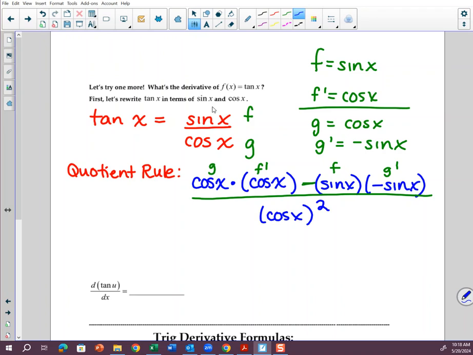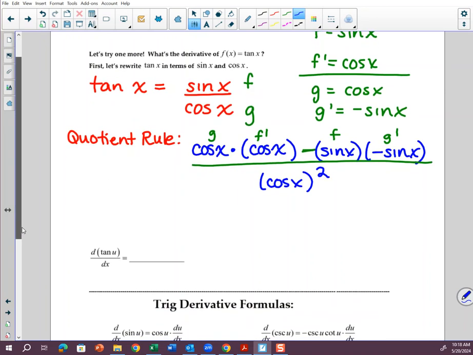Now this is a fun combination. I love this because it uses a couple different identities. First of all, cosine times a cosine is a cosine squared. And I'm going to decide to write it like that. A sine times a negative sine is a negative sine squared, but behind a subtraction it's going to become a plus.